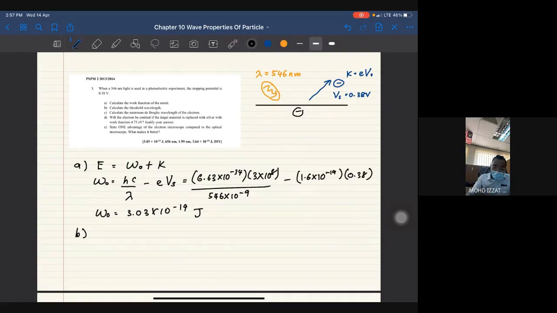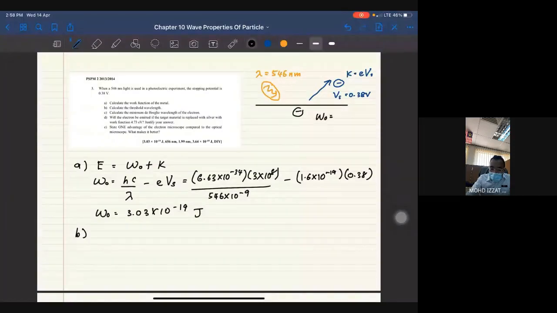Which one? Yellow. Okay, W naught actually represents the metal, black, its material. Yes, the material kat bawah tu. So, W naught is actually your information over here.